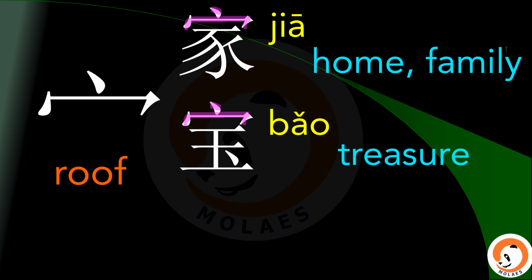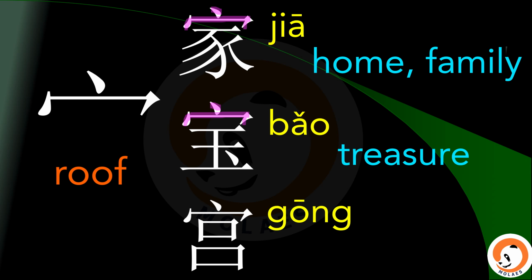We call 宝宝, that's baby. 宫, roof radical on the top and two mouths underneath. It means palace. 家 home or family, 宝 treasure, 宫 palace.